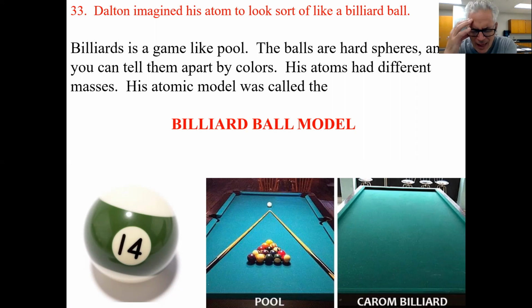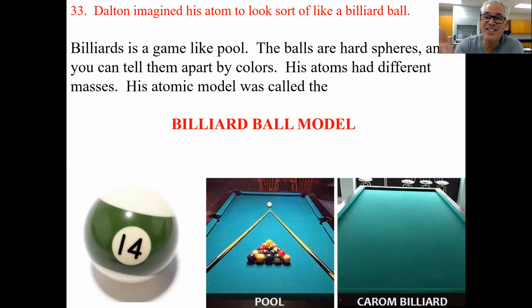He said, what does an atom look like? It looks like a billiard ball. It's a solid, hard sphere, and all the atoms of one element have the same mass, and all the other elements are solid little hard balls, atoms, that have a different mass. That wasn't really right.